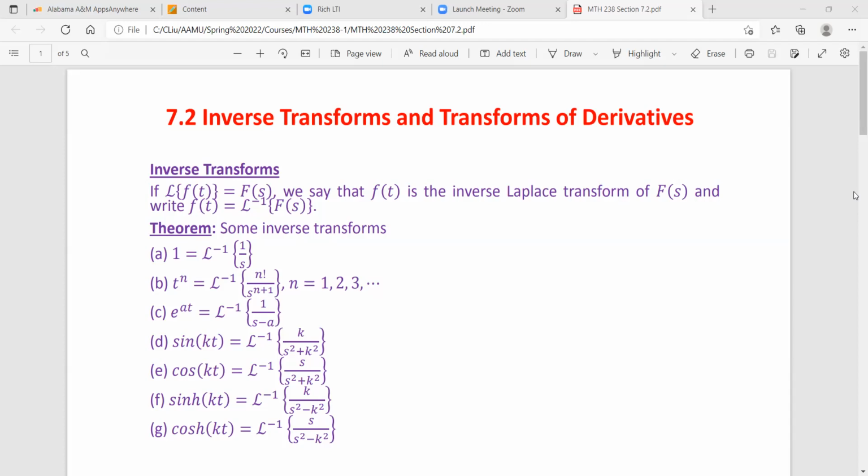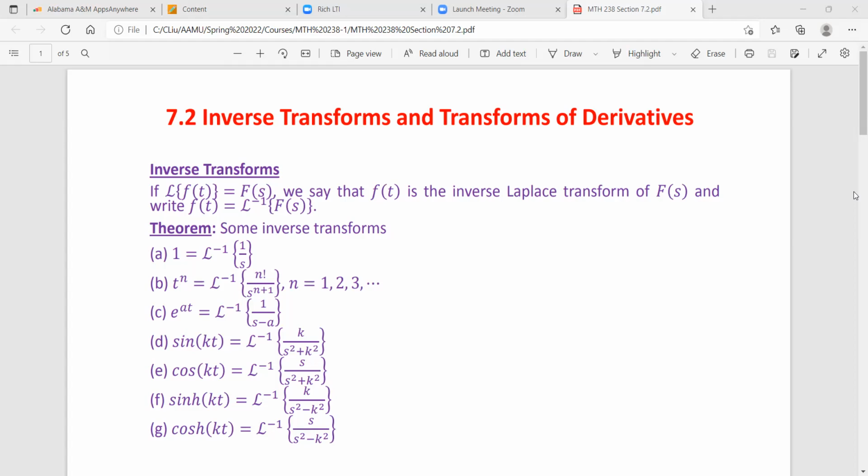Or actually, more precisely, we solve an initial value problem. Then we need to know what is meant by inverse transforms and the transforms of derivatives.